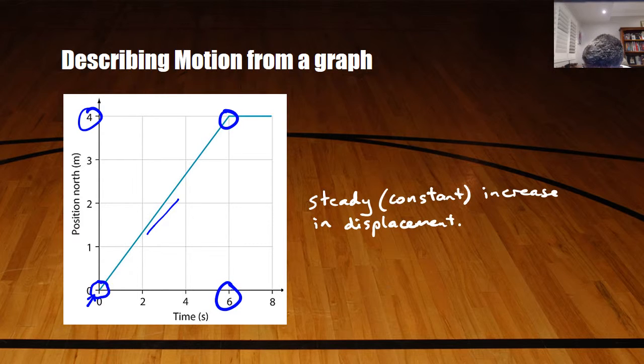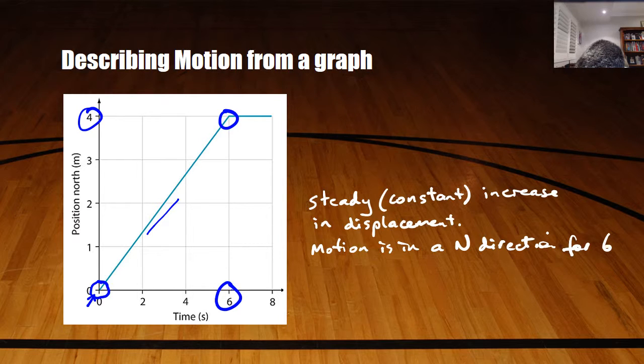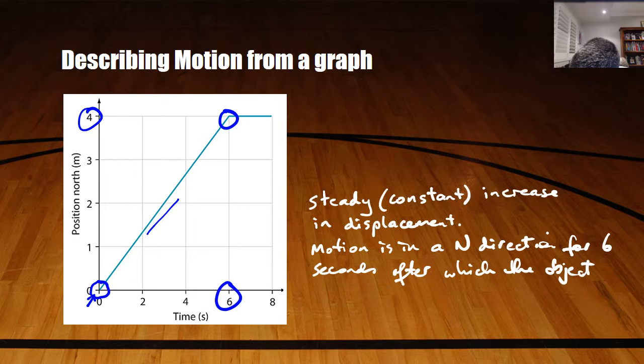So we could say that motion is in a north direction for 6 seconds, after which the object is 4 meters north of its starting point.